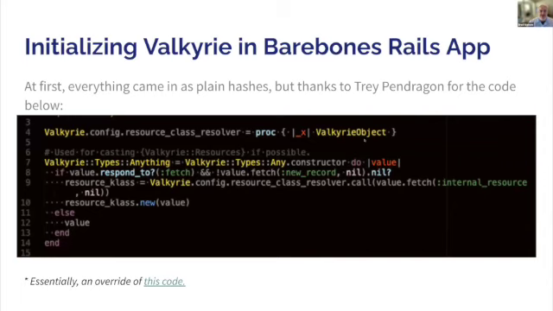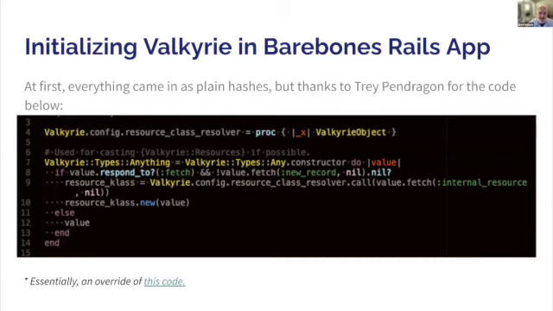One of the things that we had to do to get Valkyrie to work with our bare bones Rails app was to get the objects in as a Ruby object instead of just plain hashes.